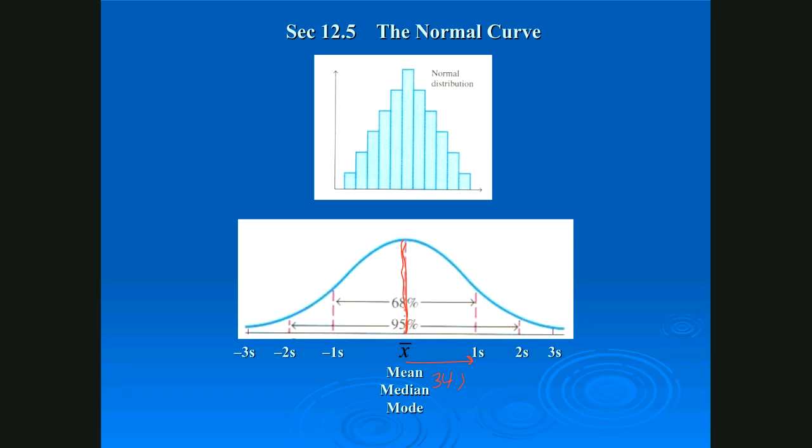If we go one standard deviation below the mean, likewise, we will also have approximately 34% of our data. Which means that if we go one standard deviation below the mean to one standard deviation above the mean, we will have approximately 68% of our data, always.